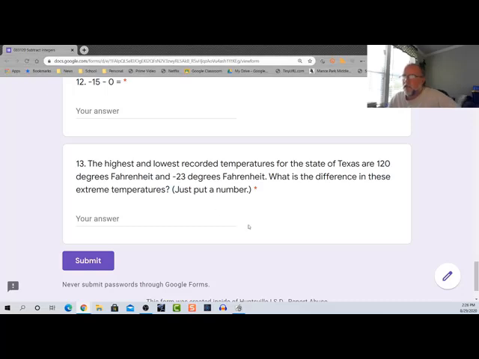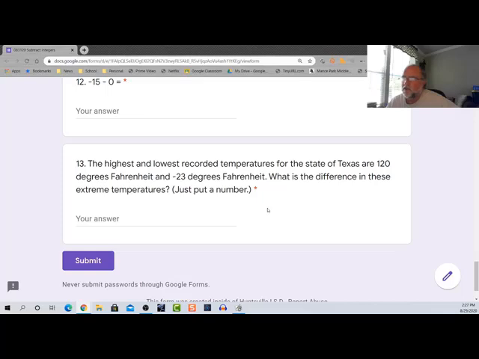Question 13 says the highest and lowest recorded temperatures for the state of Texas are 120 degrees Fahrenheit and negative 23 degrees Fahrenheit. What is the difference in these extreme temperatures? Now, anytime you're finding differences in temperatures, there's always one way to do it.